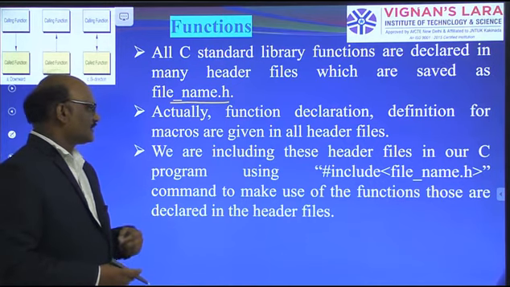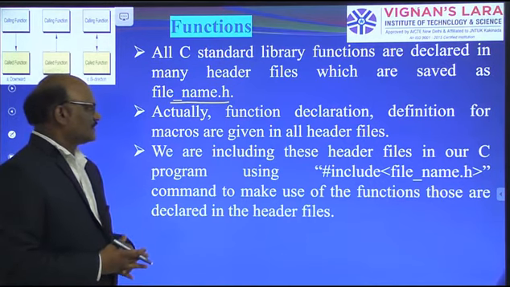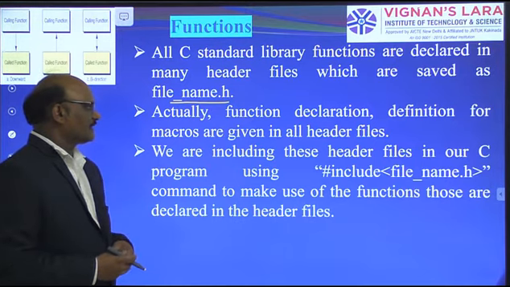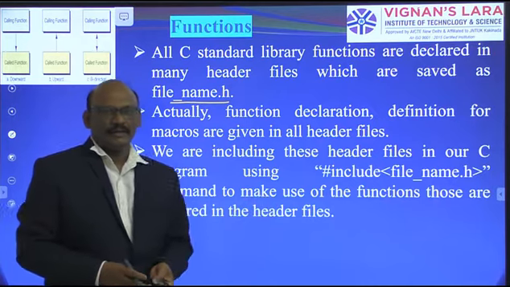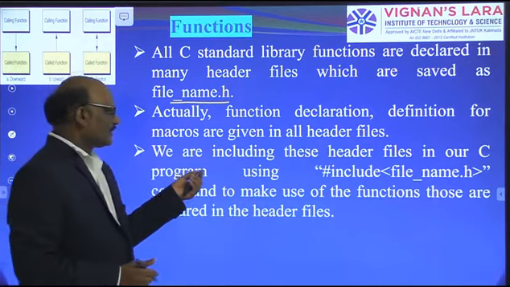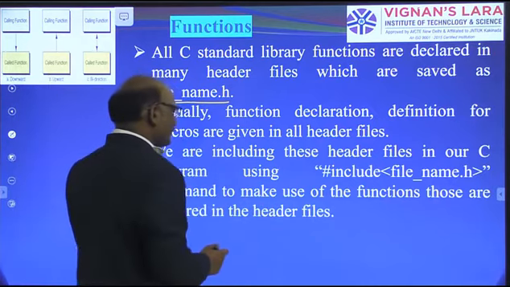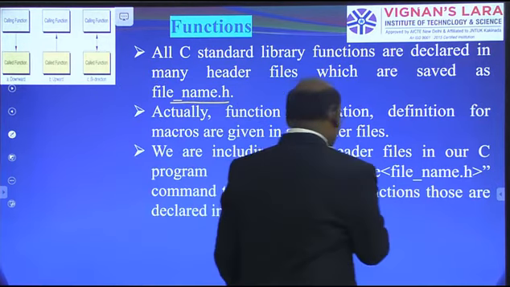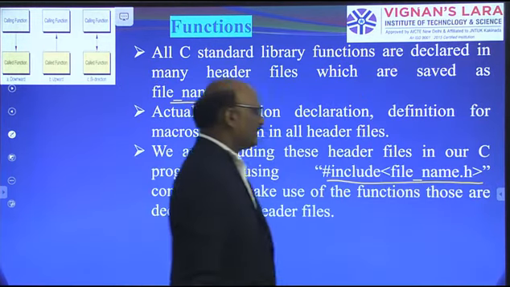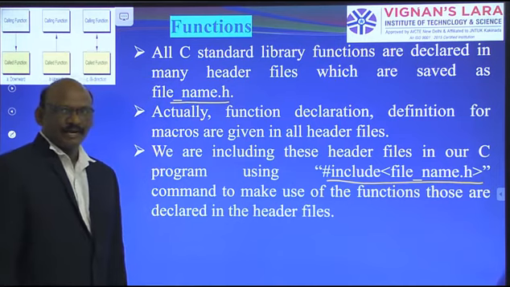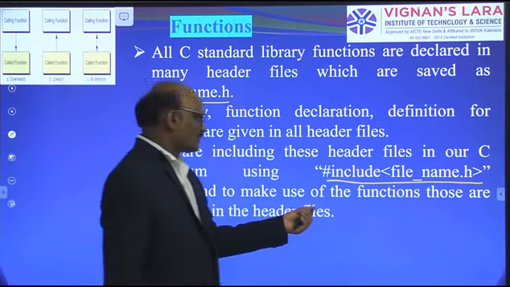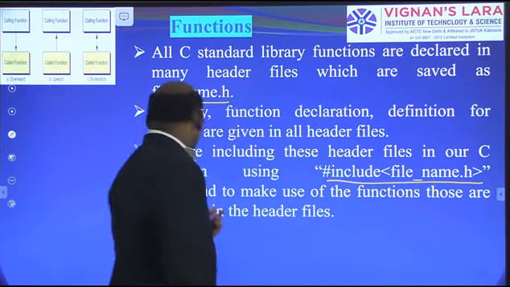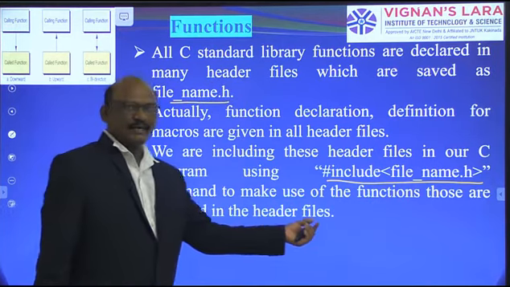But here, we just call the functions instead of writing the declaration and definition. All of them are given in header files, so we include these header files in our program using #include filename.h to make use of the functions declared in them.